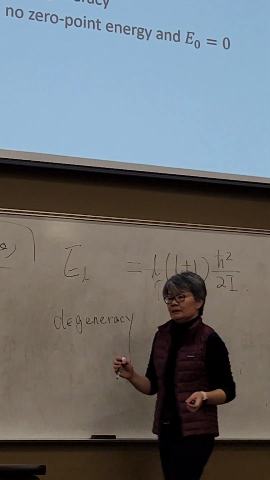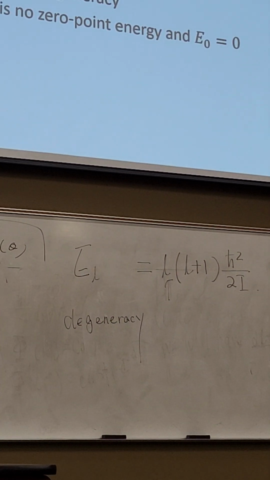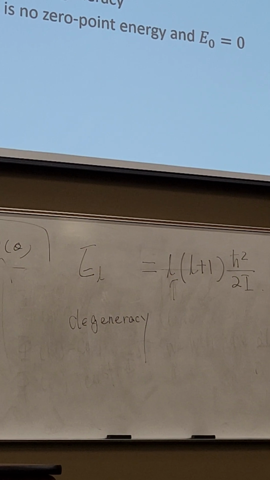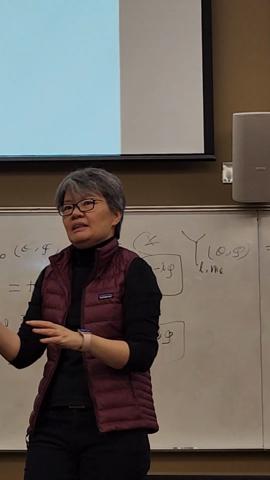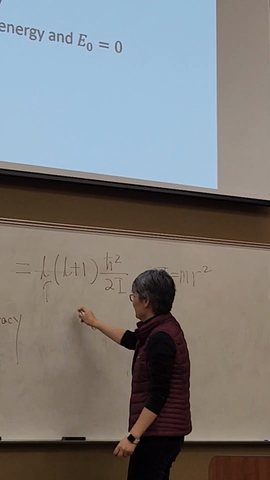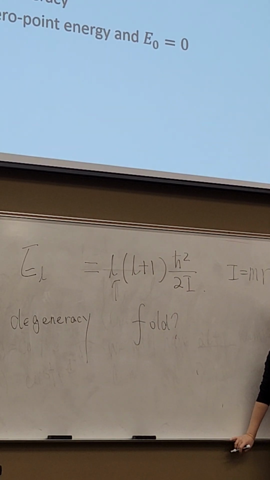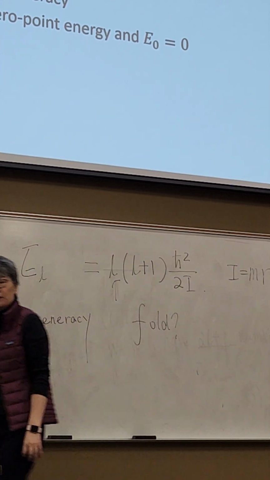Because what is the definition for degeneracy? You have n quantum states corresponding to one energy, that is your n-fold degeneracy. Okay, now the question, you guys know where I'm going. What fold of degeneracy do we have here? 2L plus 1. What fold of degeneracy?